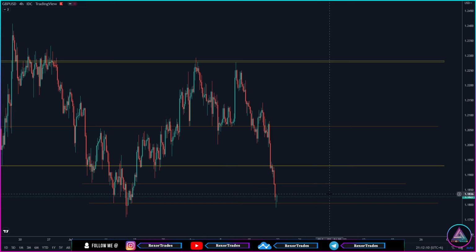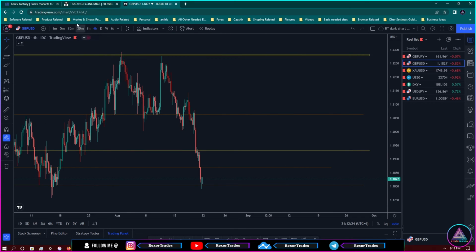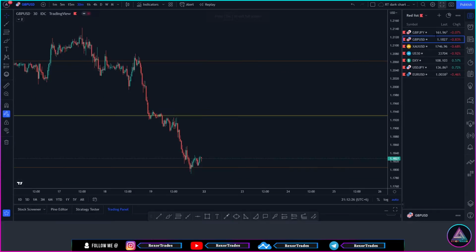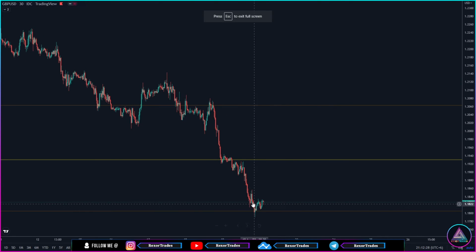Now the way we're going to confirm if GBPUSD is going for some pullback is by going to an even shorter time frame. Since there is too much momentum here on this 4-hour time frame, it's really hard for us to locate some sort of a proper resistance zone over here, so we have to go to a shorter time frame like the 30 minutes time frame, and then give GBPUSD some time to form a proper resistance zone over here, make some range and create a proper resistance zone and support zone.